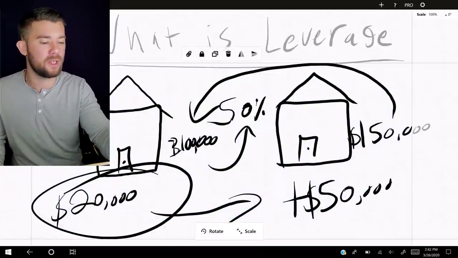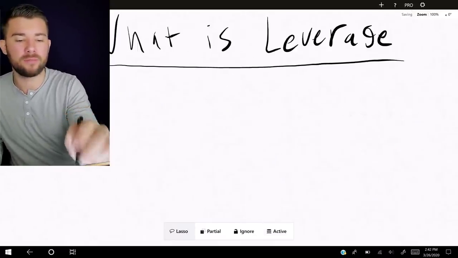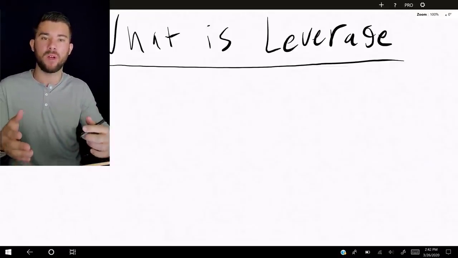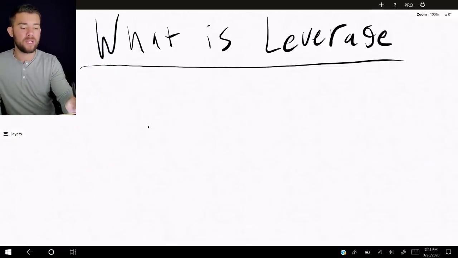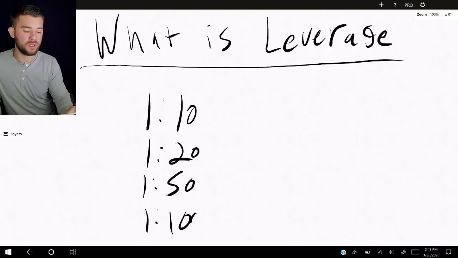Let's go ahead and delete all of this. So in Forex, I'm going to draw out a little graph here. We have about 4 different types of major leverage that people or brokers allow you to have. And we have 1 to 10 leverage, 1 to 20, 1 to 50, and 1 to 100 leverage.